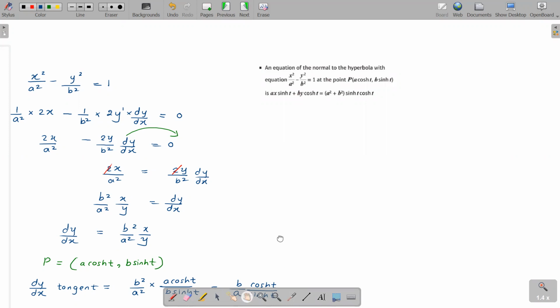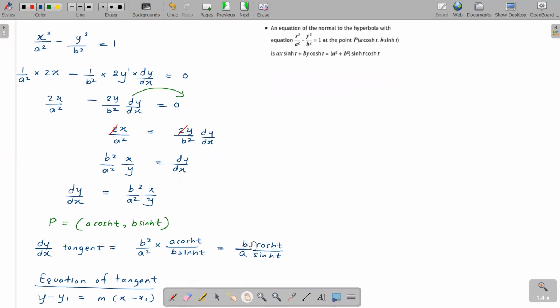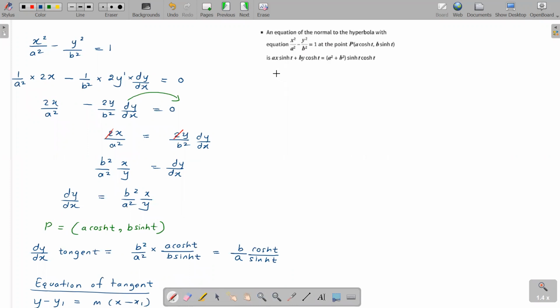I think you can see I can omit the first part of my version because I have already got the dy by dx of the tangent. Can you see? I already have the dy by dx of tangent in this particular part. Do you agree with me? Dy by dx of tangent, what was it that we found previously? b cos t over a sin t. Do you agree with me?